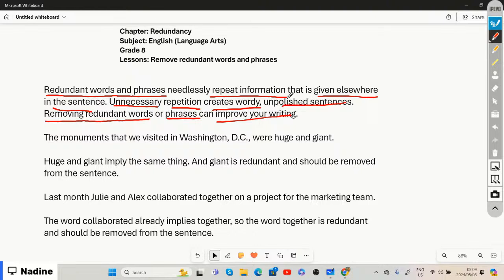remember, if you repeat unnecessary words, it creates a wordy and unpolished sentence, and if we remove certain words, it will improve our writing.